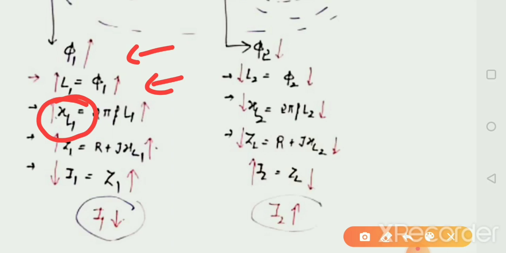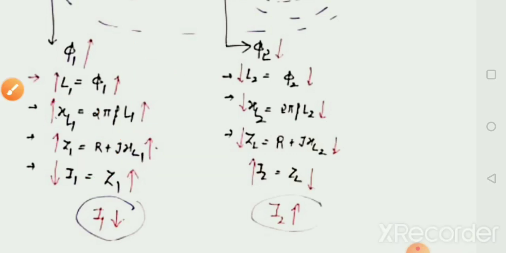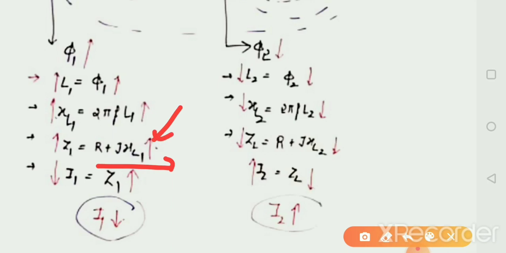And we know that Z equals R plus j omega L. So if j omega L is increasing, then R plus j omega L is also increasing, because this value is added to the resistance. Now we can say the impedance is also increasing.